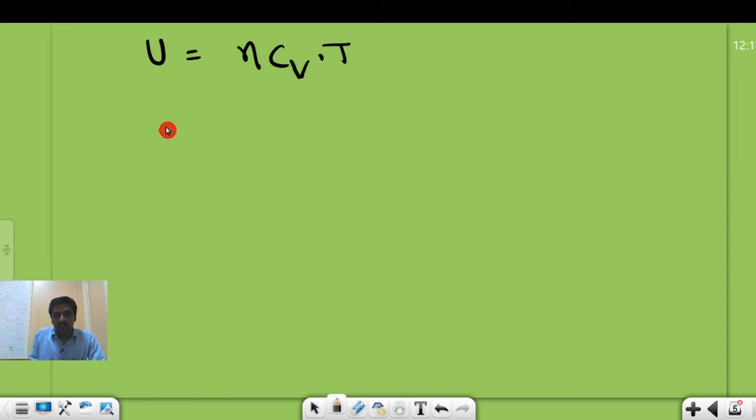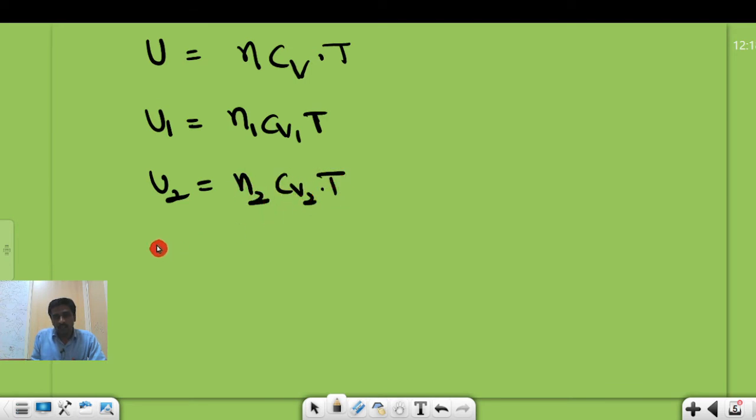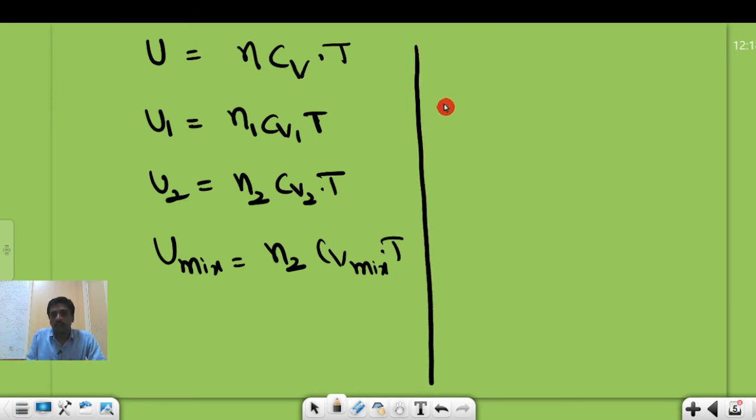Now with the help of this, U1 I can write is equal to N1 CV1 into T, and U2 is equal to N2 CV2 into T. In a similar manner, U mix is equal to (N1 plus N2) CV mix into T. With the help of the formula U mix is equal to U1 plus U2, this is equal to N1 plus N2 since two gases are mixed there.